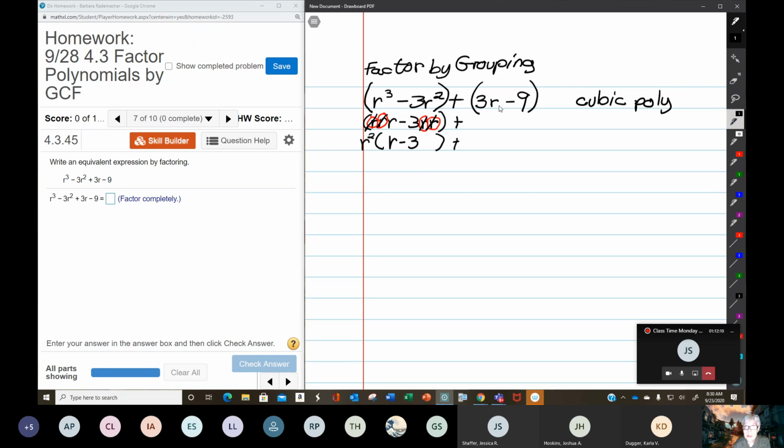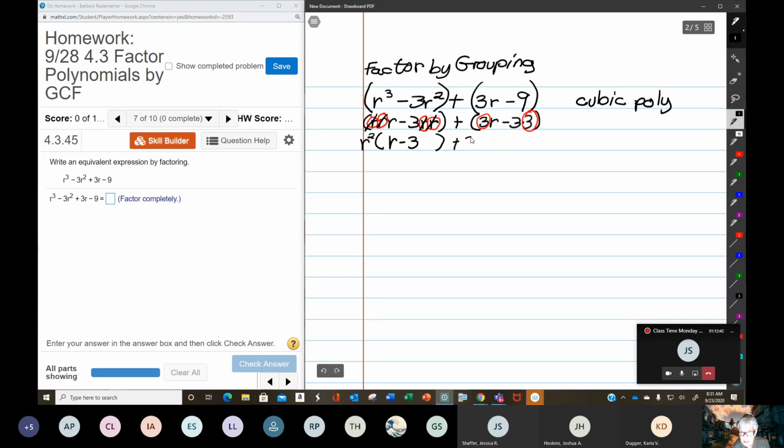I now am going to look for a GCF in these two terms. Well, 3 times R is not going to break down, but I know that 9 equals 3 times 3. So I can pretty well see right away that my GCF is a 3.